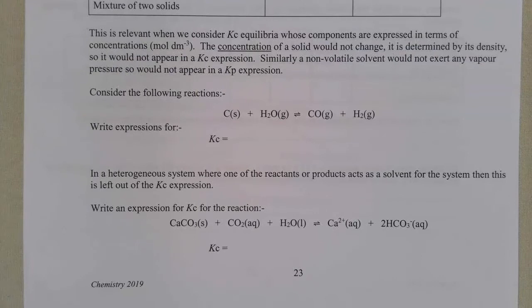And in the last part of this, just a little reminder about writing Kc expressions. Do you remember we don't include solids and we don't include solvents. Solids because they don't change concentration, their concentration remains constant throughout the experiment, and solvents for the same reason. The concentration of the solvent will remain unchanged.